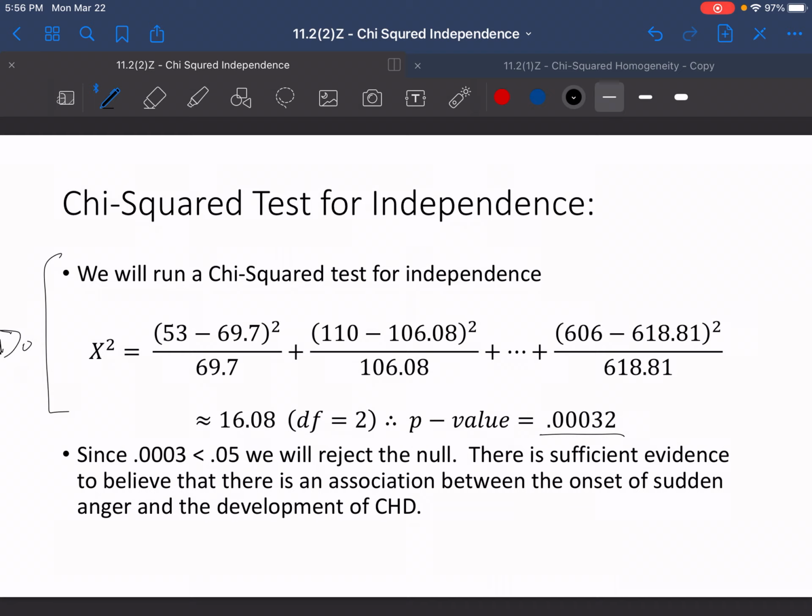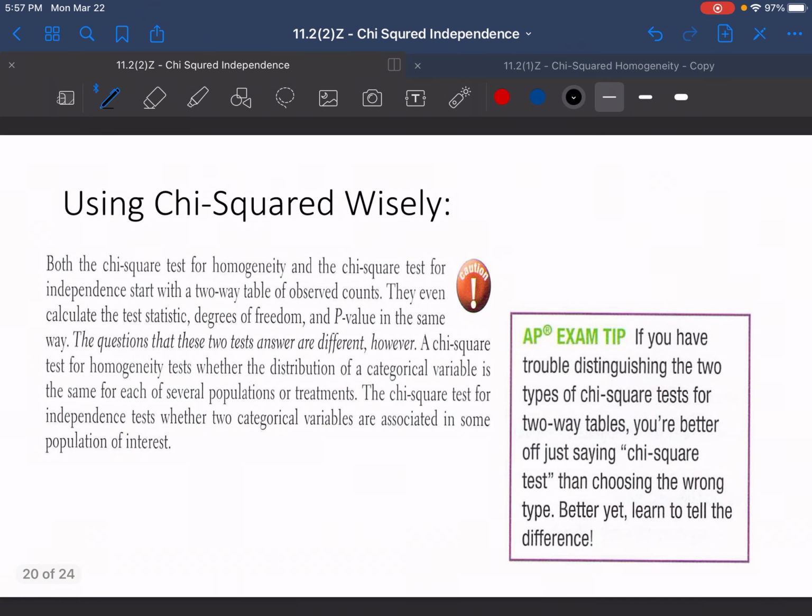So in this case, there's sufficient evidence to believe that there is an association, or there is not sufficient evidence to believe that there is an association between the onset of sudden anger if we were to fail to reject the null as well. So again, make sure that you conclude as well as give context to your conclusion.